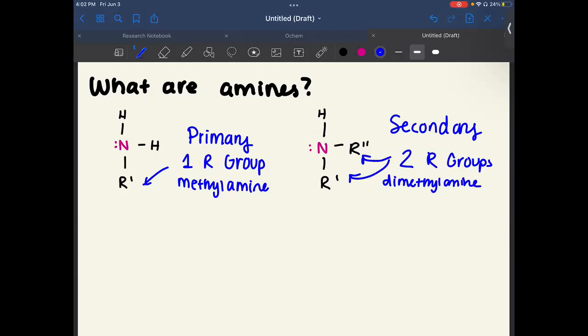All right, and then a tertiary amine, you probably already know what it's going to look like by now. We're going to make these R's instead: R1, R2, and R3. There's the lone pair.